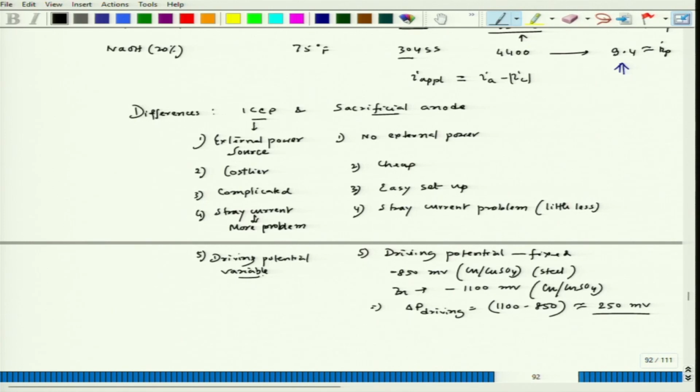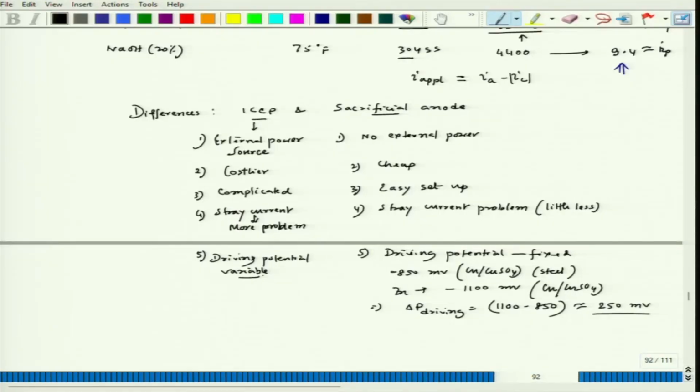It depends, a variable DC power source we can employ, and that can enable us to control the potential requirement or the current requirement during different seasons, or if the soil resistivity changes, then we can definitely control by changing this driving potential, which is controlled by the external power source which can be variable. Now, these are some of the aspects, of course, on the economic. These are some of the differences between ICCP and sacrificial anode.